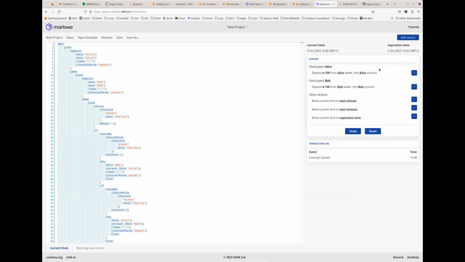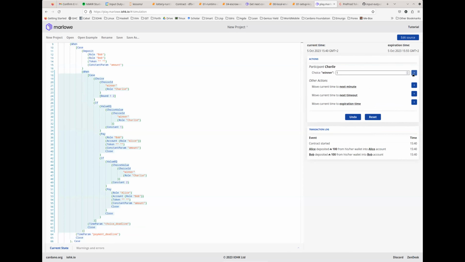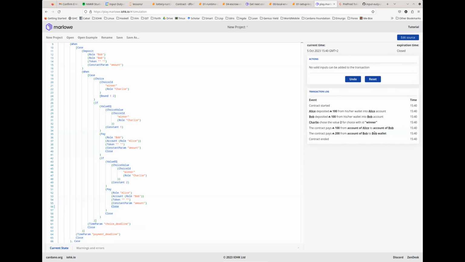So Alice and Bob can pay. If both make their deposits of 100 ADA, then Charlie, the third participant, can pick one of the 2, for example, Bob. And then whoever he picks gets all the money. That was what we did on Monday.